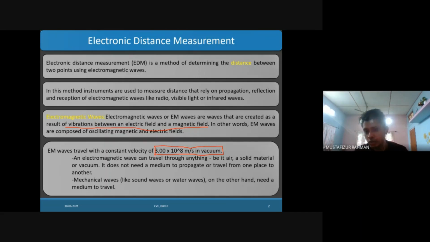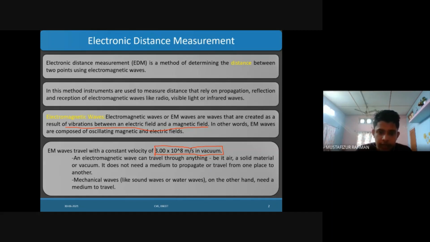In the presence of air also, this velocity is approximately this value, but there may be a few differences depending upon the air, the elevation, or the material, if it is passing through solid matter. Depending on that, this value may change, but it will be approximately closer to 3 into 10 to the power 8 meter per second, which is also the velocity of light.